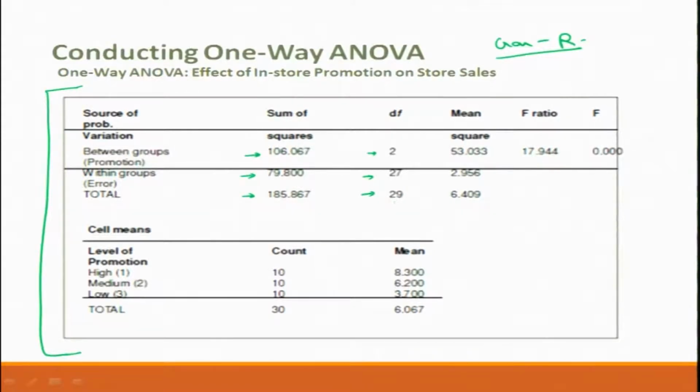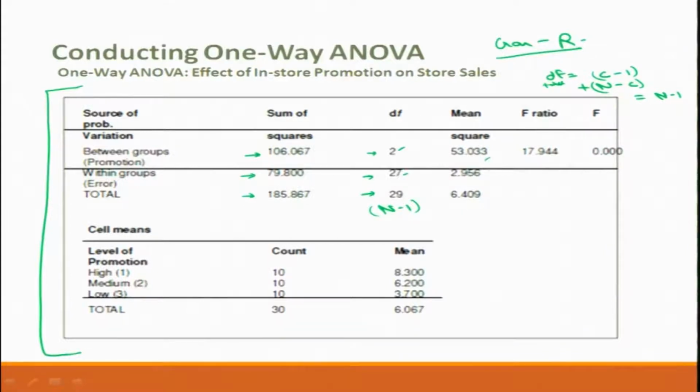Total degrees of freedom is nothing but n minus 1. It is actually this plus this, 2 plus 27. So, it is C minus 1 plus n minus C, where C is the number of categories. If I add these, the total degrees of freedom comes down to n minus 1.